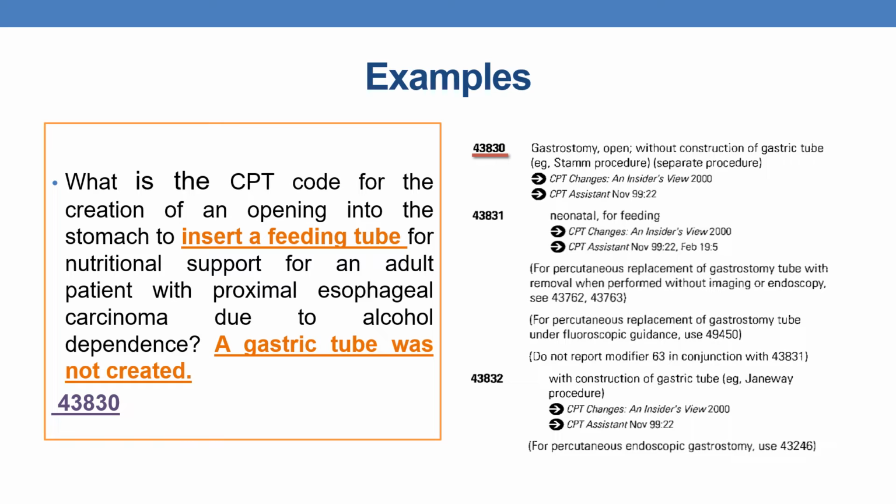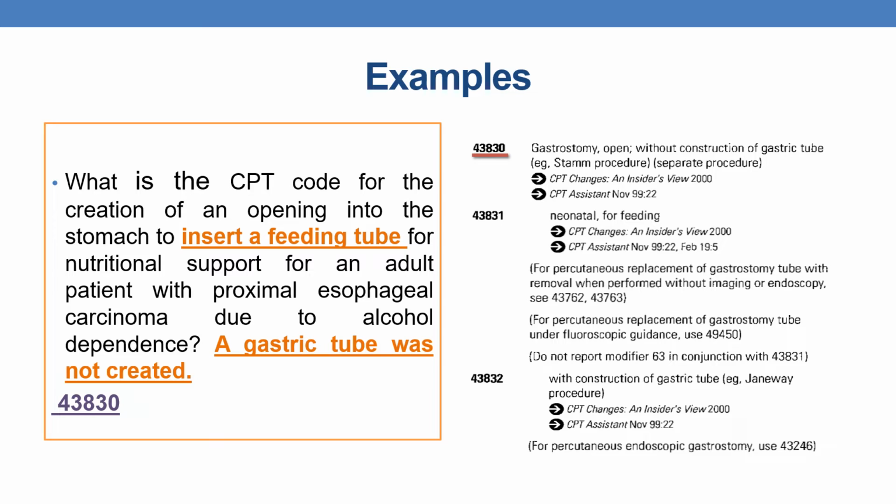Whenever we code any procedure, first you need to look for the key terms and you need to be quick. Here, creation of an opening into the stomach is nothing but gastrostomy. Ostomy means artificial opening, for the insertion of a feeding tube.